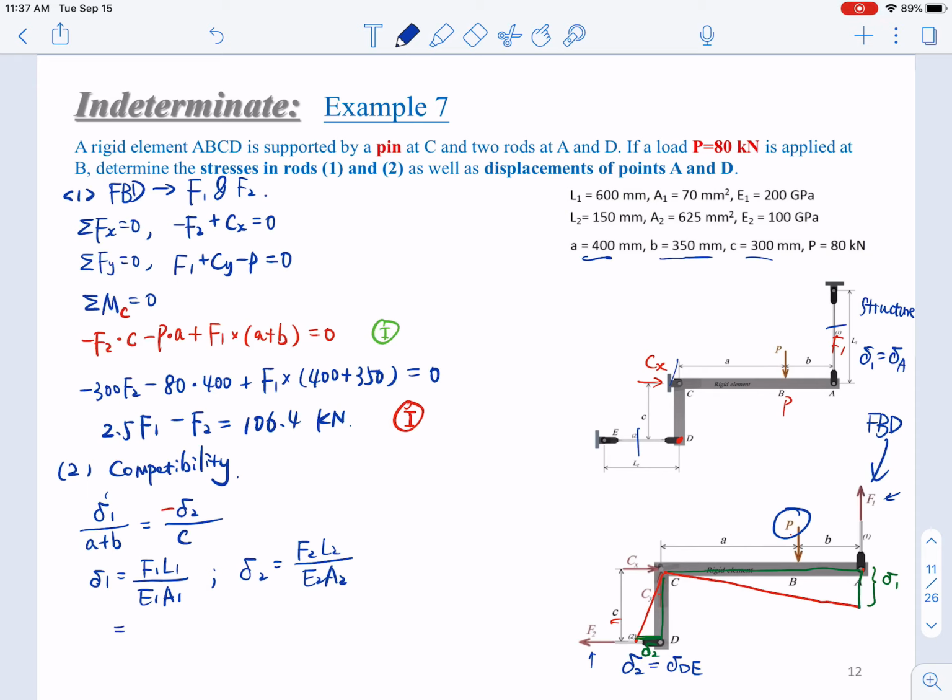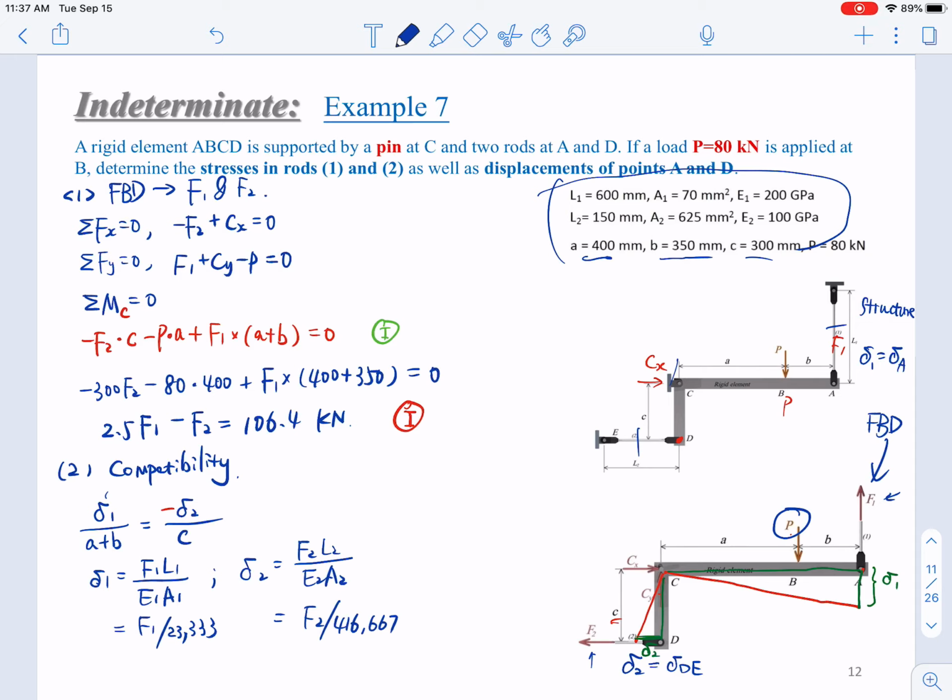So using the numbers that have been given here, the first one can be derived as F1 over 23,333, and this second one will be F2 over 416,667. Okay.